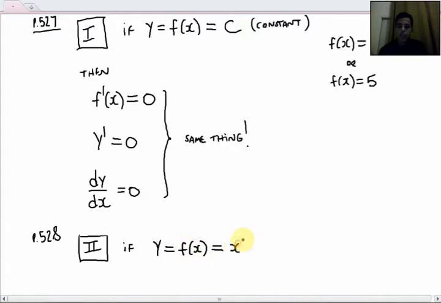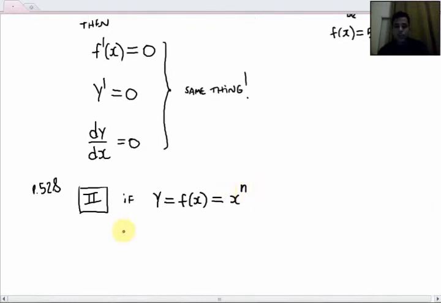But if the function is x to the nth power, where n could be 1, 2, 3, any number, then it turns out that the derivative is n times x raised to n minus 1. Or you can write it the same way here, these are the same thing.